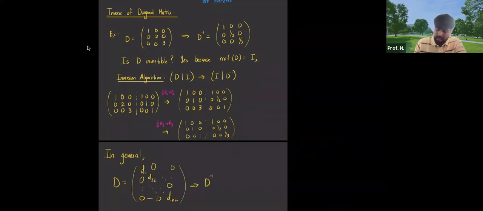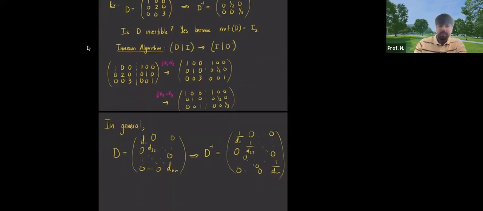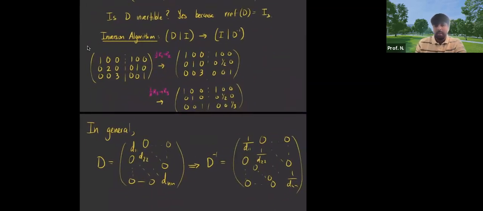Then the inverse will be what? 1 over d_11, 1 over d_22, all the way to 1 over d_nn, and zeros everywhere else. Is that understood? The inverse of diagonal matrices? Straightforward, right? The diagonals are the only ones that really matter. Everything else is zeros.